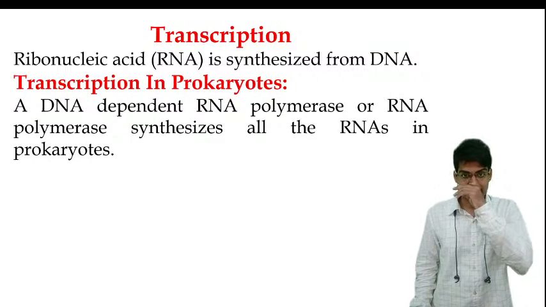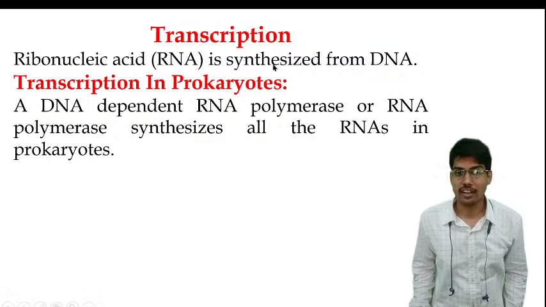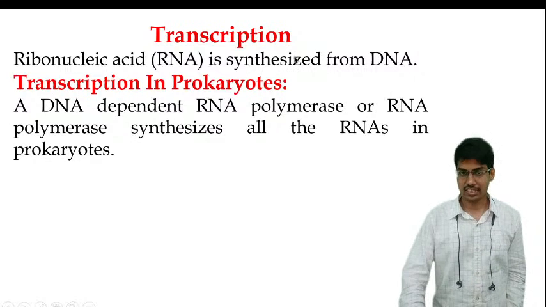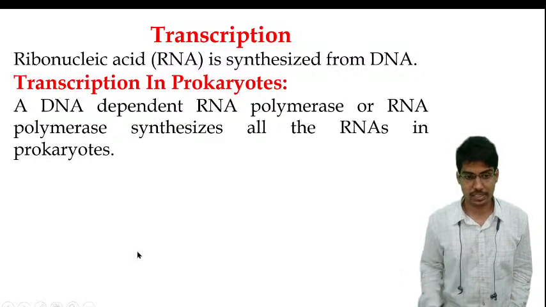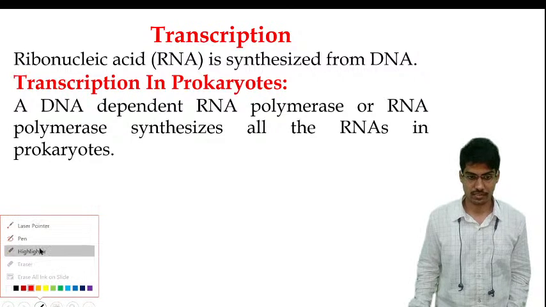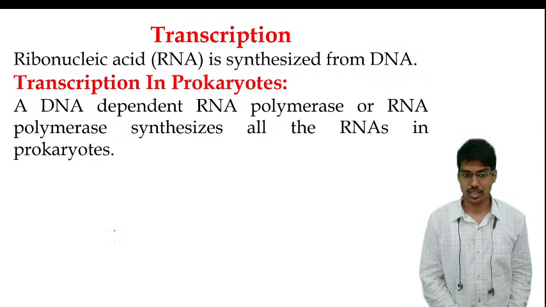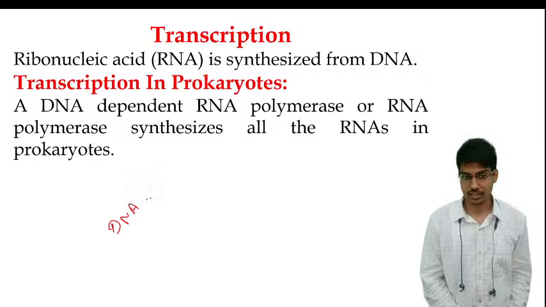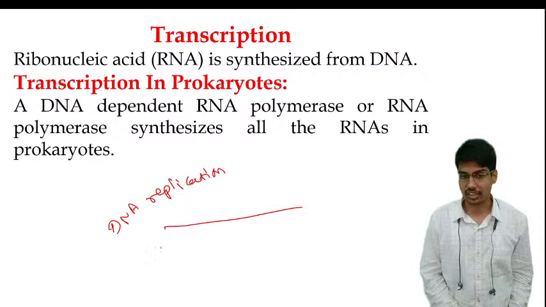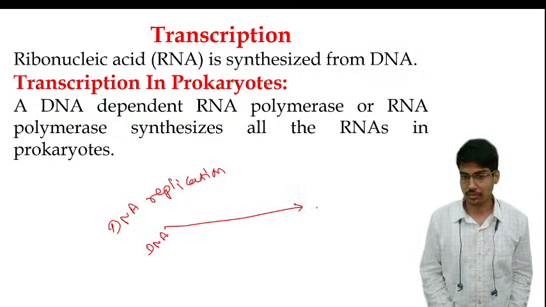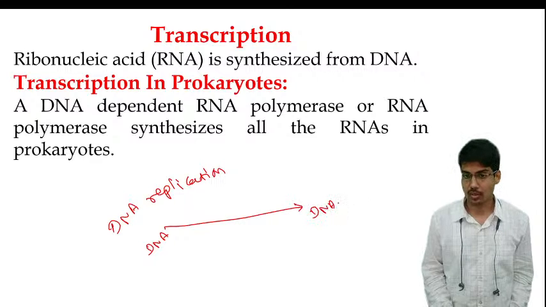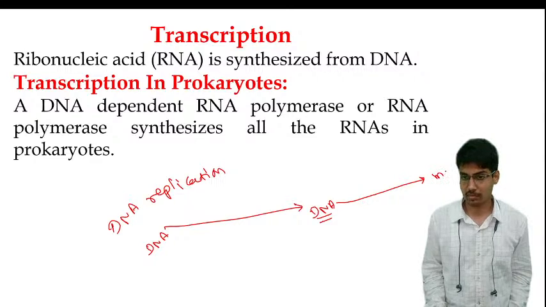Let's see the next thing. RNA is synthesized. See, the transcription is what we have seen. We have seen this DNA replication. What is happening in DNA replication is that the DNA that was earlier there, its copy is being made. Now what we are seeing is how this copy of DNA can be transcribed into the mRNA.